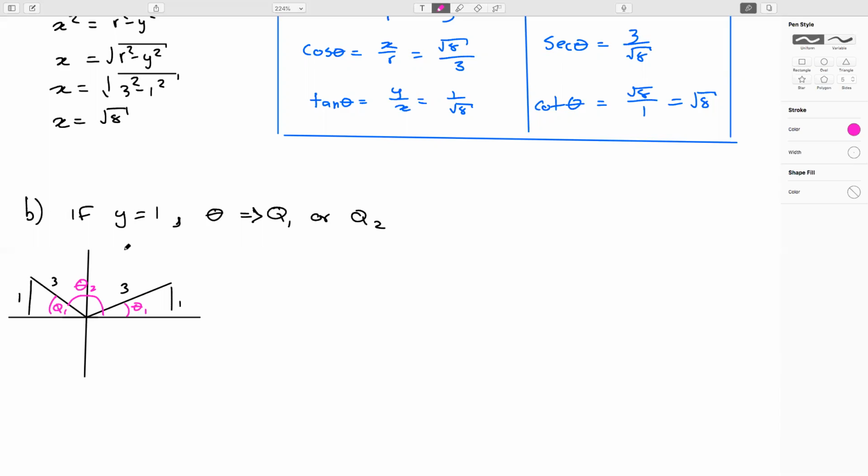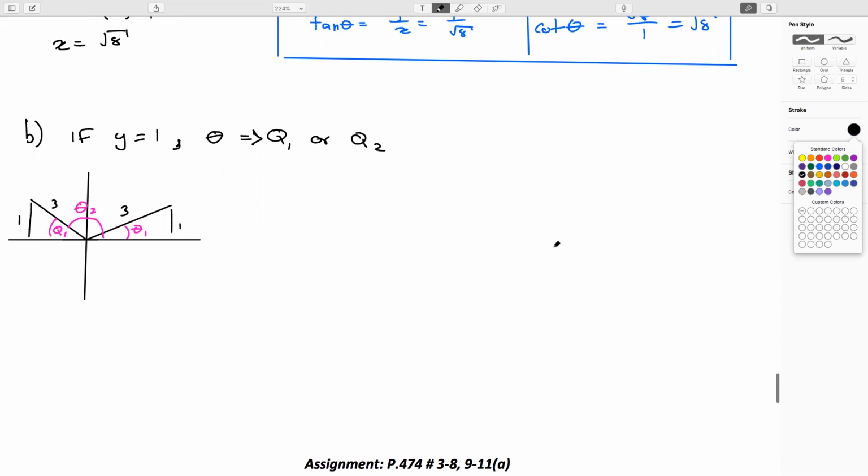So then the question becomes, what is our reference angle? We've got to work backwards. If we have sides of 1 and 3, well then we can use SOHCAHTOA, we can use sine to solve for theta.